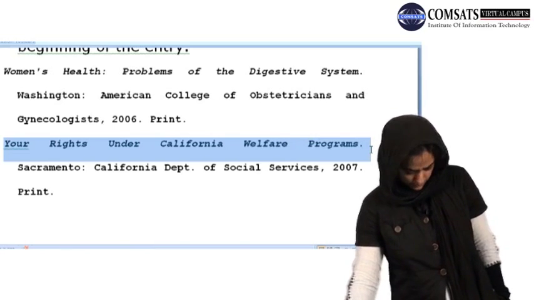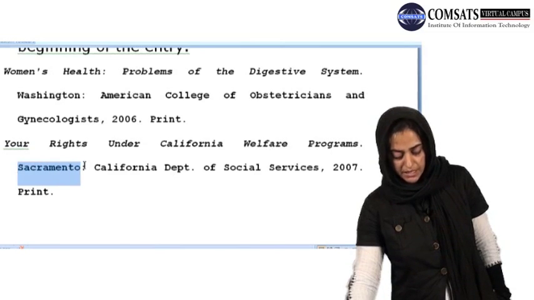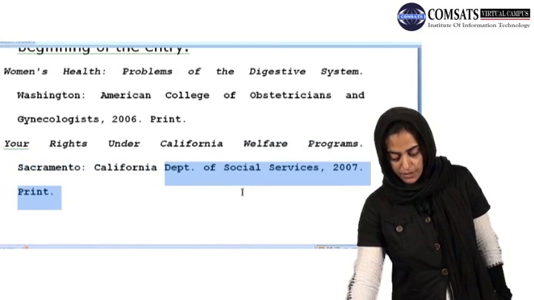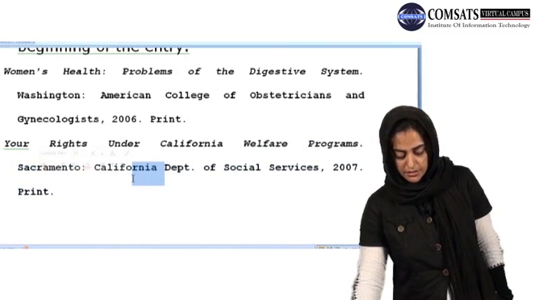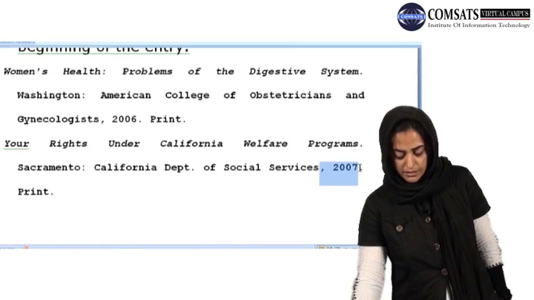Then comes the city of publication, and after that, the name of the publisher, California Department of Social Services, over here in front of you. Then comma 2007 is the year of publication, and then the medium of publication is print.